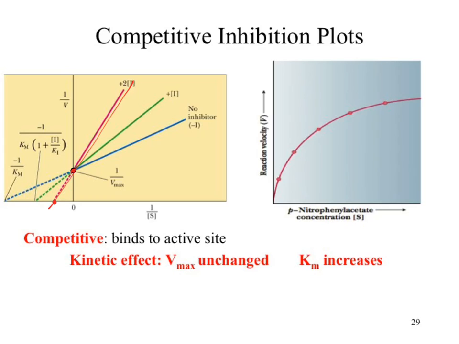So by running a series of experiments, we can look at our results and say, that matches competitive inhibition. So I could just give you this Lineweaver-Burk plot with those inhibitor curves on it and say, okay, what type of inhibitor was it? Well, you have to be able to look at it and say, what happened to Vmax? Doesn't change. What happened to Km?